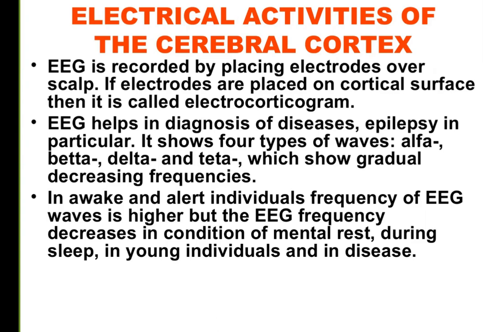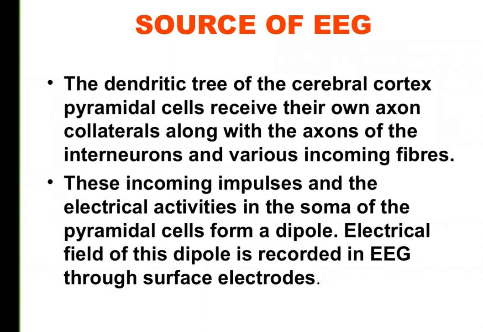But actually, more than 20 years before Hans Berger, Russian scientist Pravdich-Neminsky found this EEG activity in animals. That's why EEG is not such a modern method. It came from the 19th century, but became popular only in the 20th century after Hans Berger's discovery.